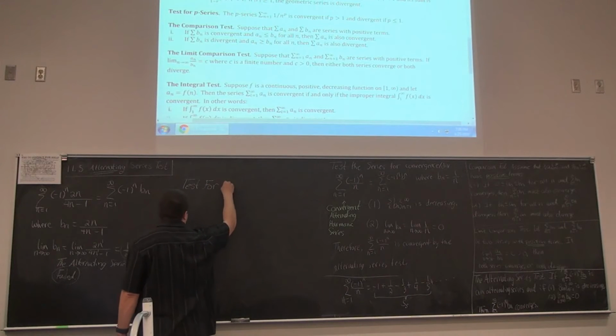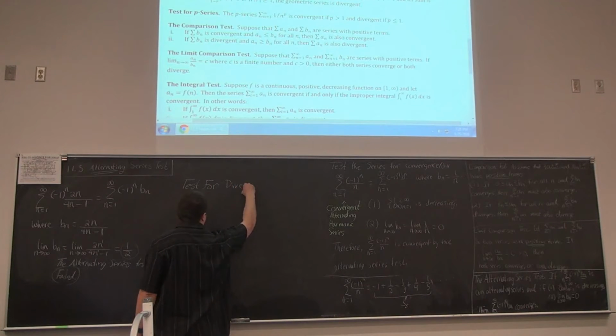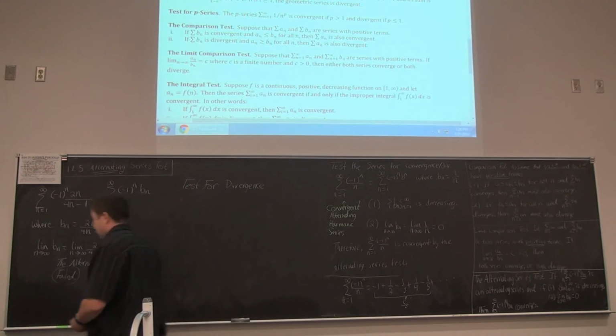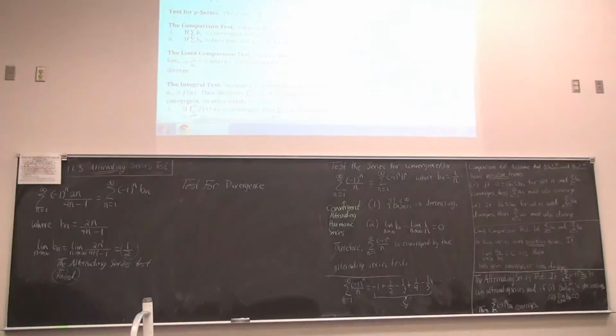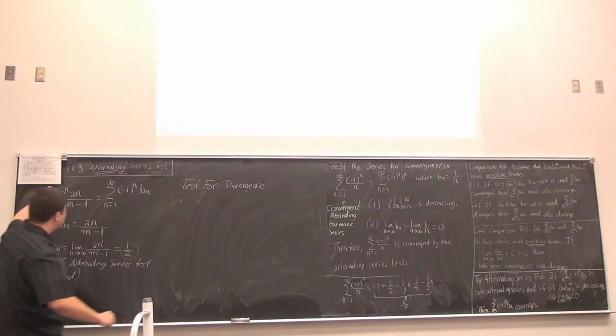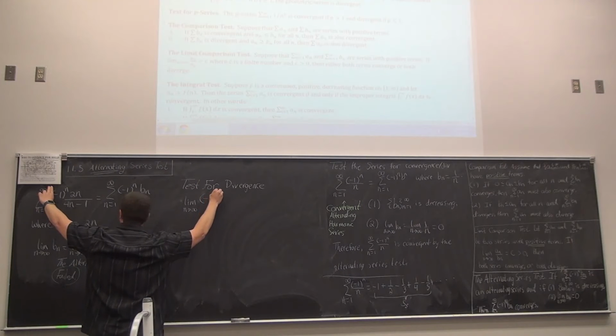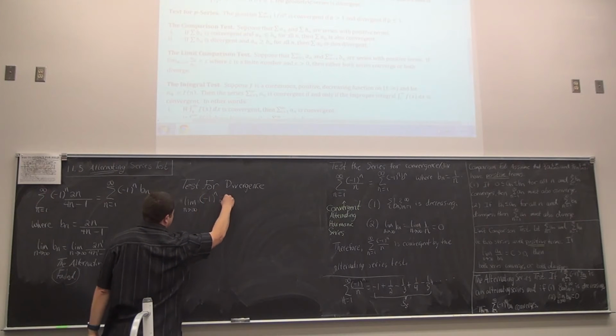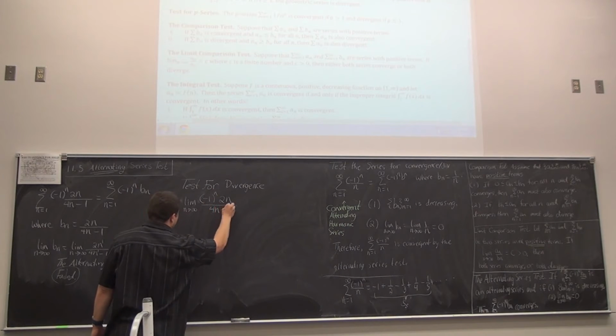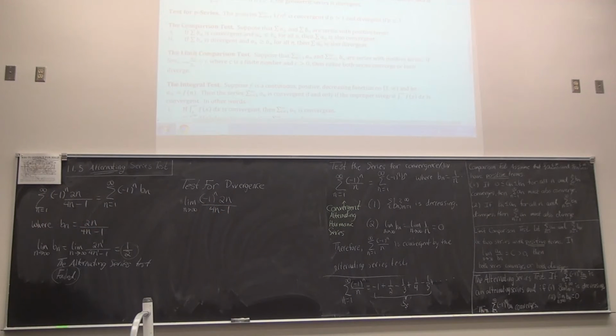So the test for divergence says take the limit as n goes to infinity of the entire nth term of the series. So the limit as n goes to infinity of negative 1 to the power of n times 2n divided by 4n minus 1.